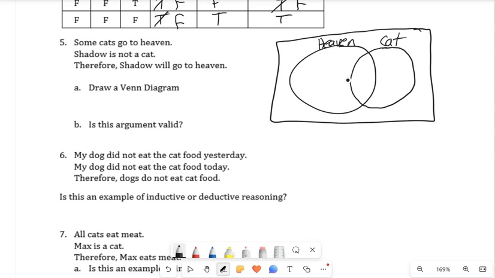Maybe, maybe not. So now I would have to start wondering why I put this question on a test. I'm not saying that this is on your test or not, but okay, so not a cat: could be here, could be here. Both of these are options for Shadow, who is not a cat.